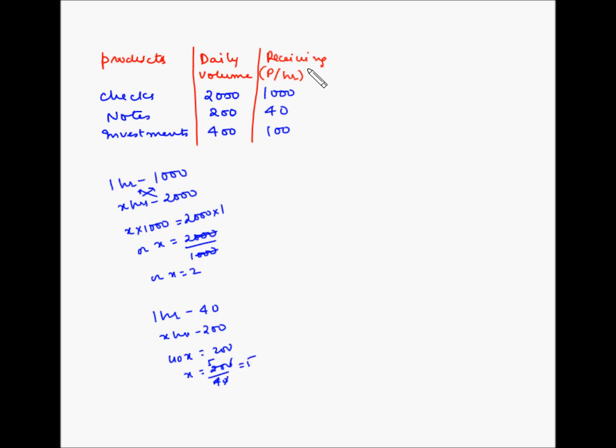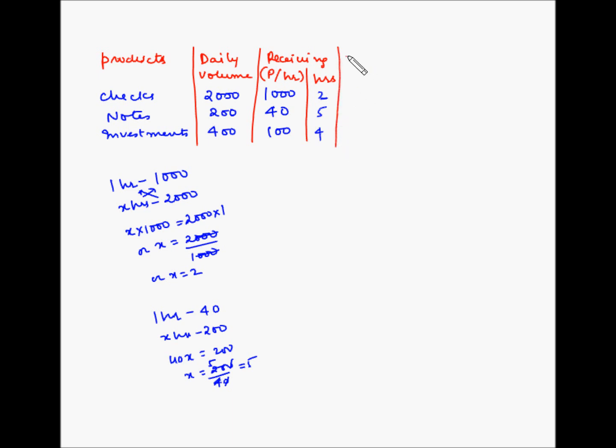So next we will list down the number of hours required to process the daily volume. So this is 2000 divided by 1000, which is 2, 200 divided by 40, which is 5, and 400 divided by 100, which is 4. Similarly, we'll now list the next sub-process, which is pre-processing.